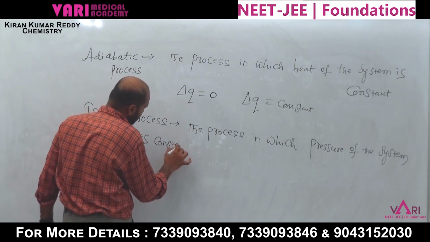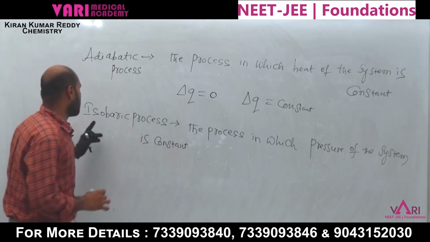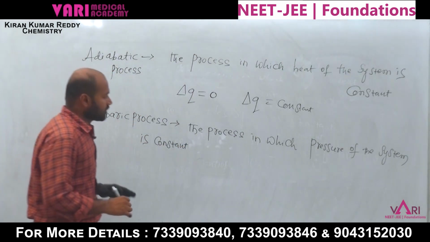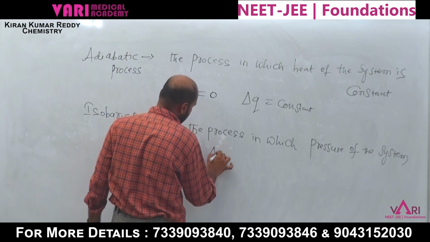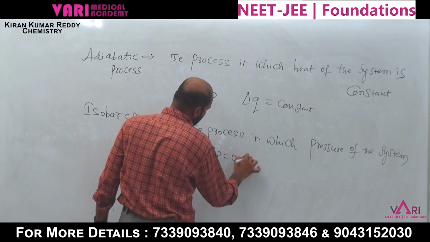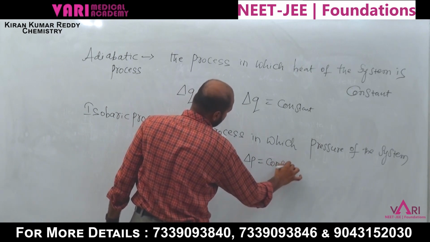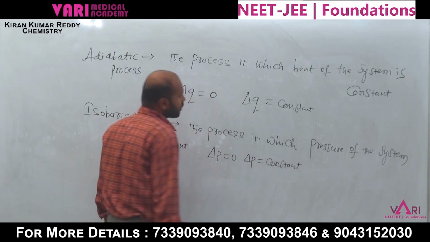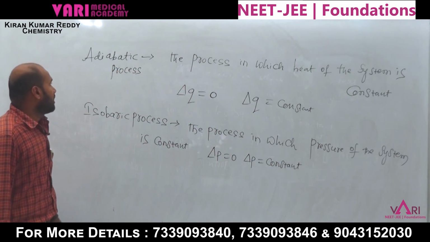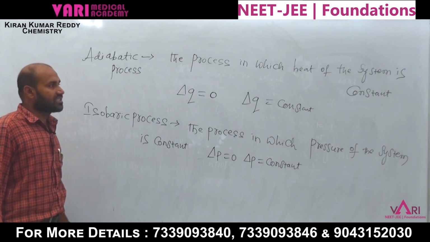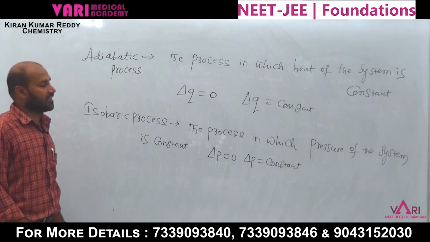That is called isobaric. Isobaric means delta P is equal to 0, delta P is equal to constant. This process is called isobaric process. Adiabatic means the process in which heat of the system is constant.